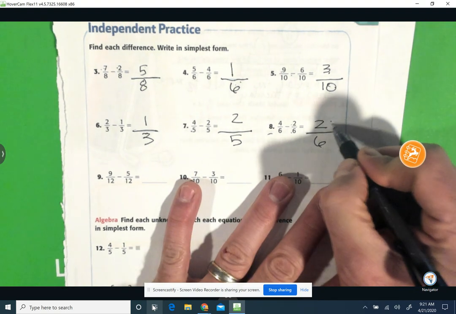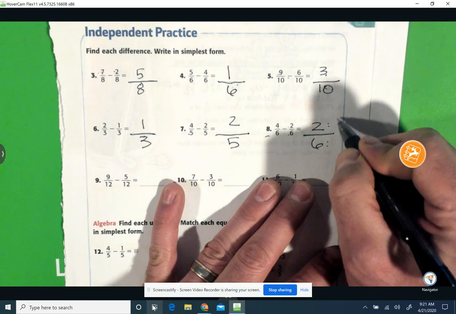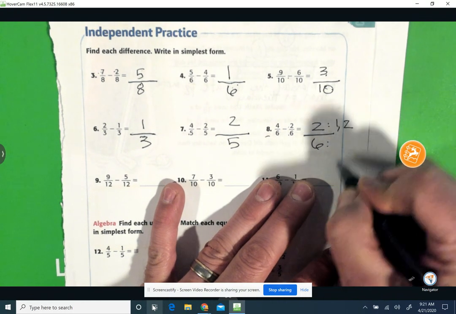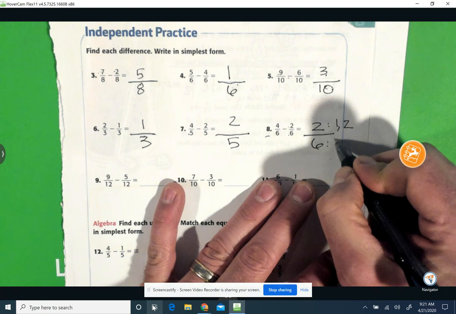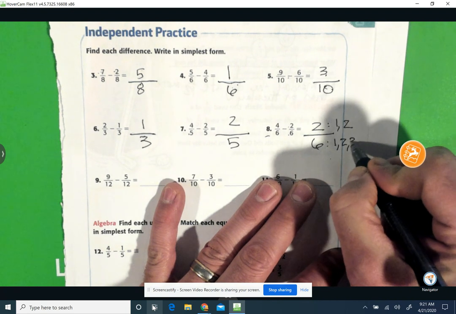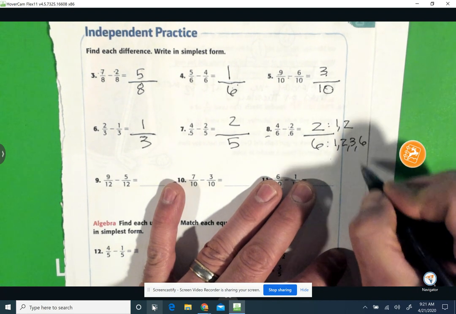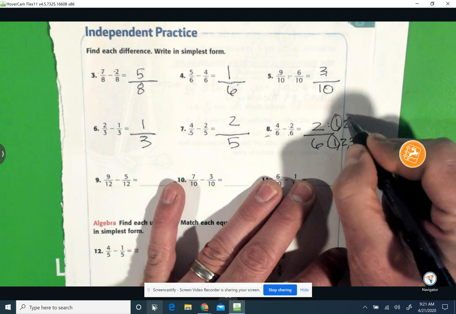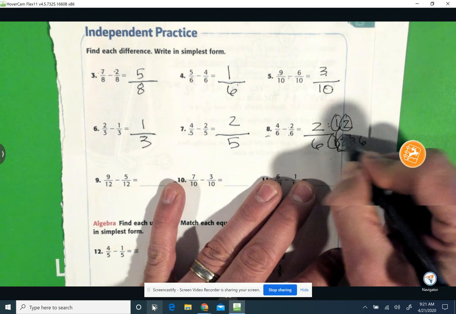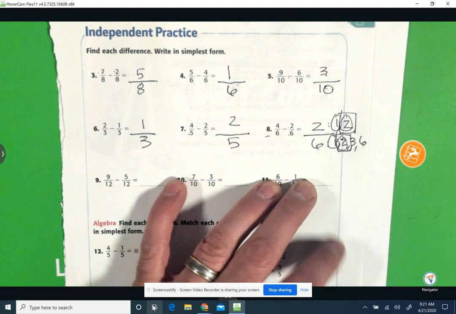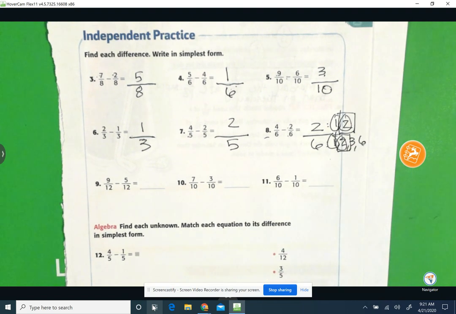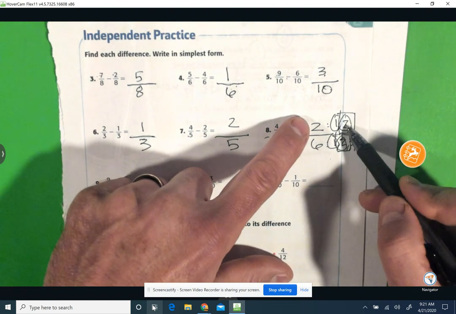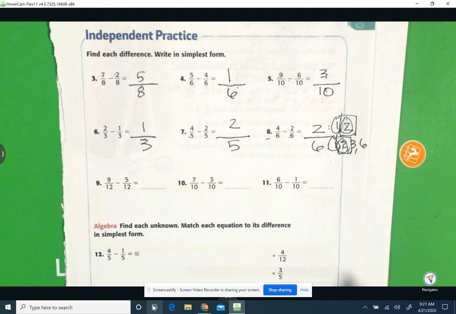So I am going to list the factors quickly. I have 1 and 2. Here for 6, I have 1, 2, 3, and 6. I see my common factors are 1 and 2, and my greatest common factor is 2. I can now divide 2 divided by 2 and 6 divided by 2.